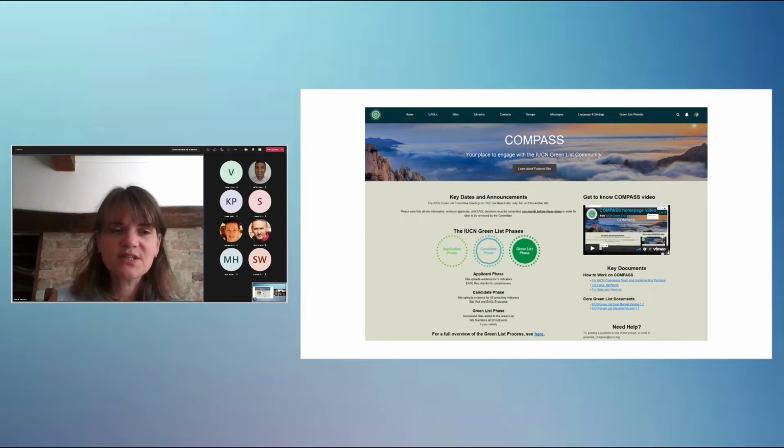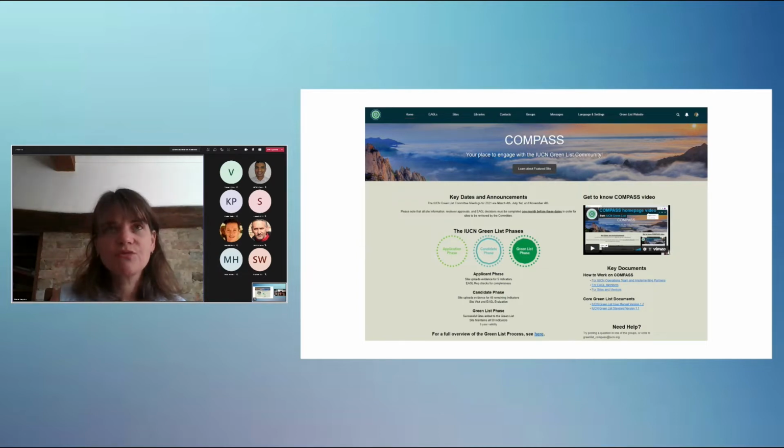The system was designed when the Green List process was much smaller, and it's not quite fit for purpose now. So it's very useful for capturing information, but it's less useful for pulling information out. And also, as the number of users increases and those user requirements change, it's less fit for purpose.